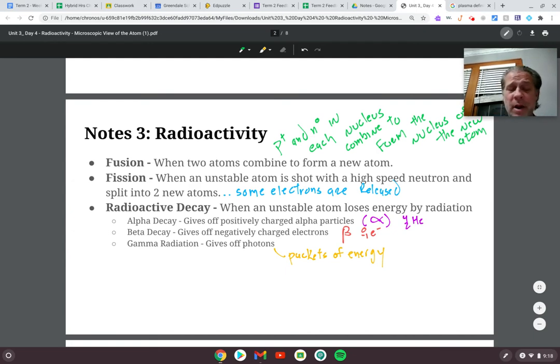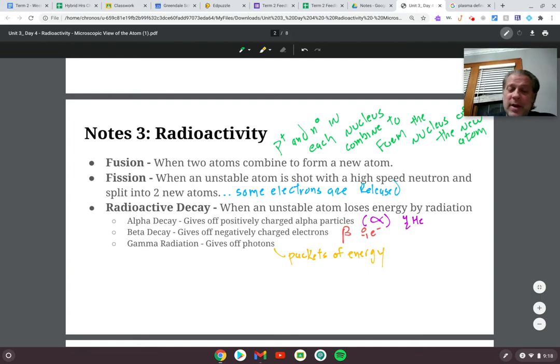The other type of radioactivity is radioactive decay, and we'll talk about that in a future lesson. It's when an unstable atom loses energy in the form of radiation. The three types of radioactive decay that you're going to be responsible for having some understanding of are alpha, beta, and gamma. Alpha tends to give off positively charged alpha particles, also known as helium atoms, and that little fish symbol there is basically an alpha symbol.